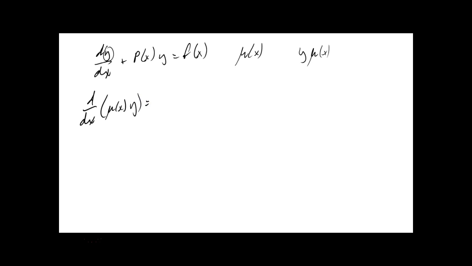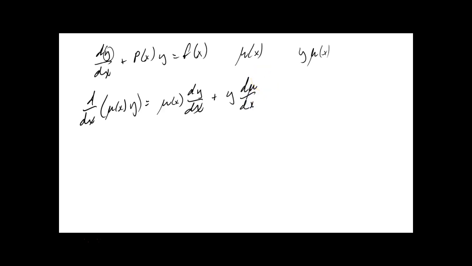Now, then the first statement there, dy dx becomes this, right? Because now you're multiplying by mu of x. Well, that's a product rule. And the product rule tells you, let me get it in the right order, it's the first, mu of x, times dy dx, derivative of the second, plus y times d mu dx.